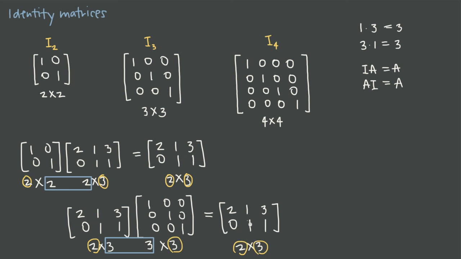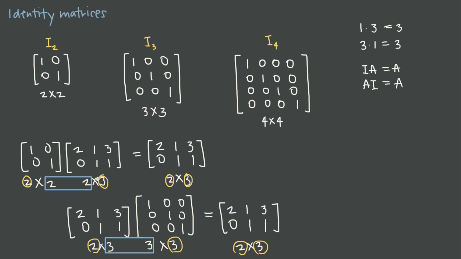And this example actually illustrates for us why the identity matrix always has to be square. If we expect that the identity matrix acts like a 1, just in matrix form, such that when we multiply by 1 or multiply 1 by something, we're not going to change the value of that something, then the identity matrix has to be square. Because up here in this first example, I started out with a 2 by 3 matrix.